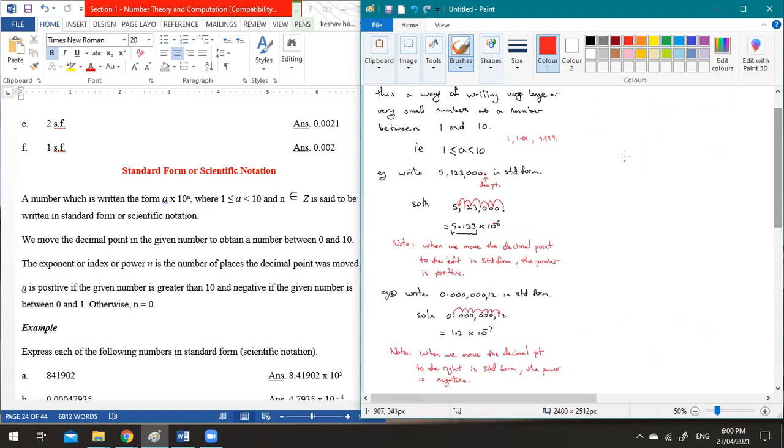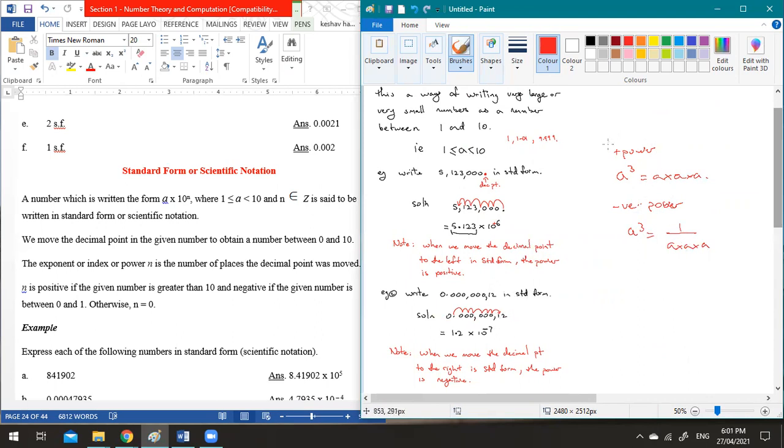The positive and negative powers come from laws of indices. A positive power is A by A by A. A negative power means that we're dividing by A by A by A. So this is the reason for this, right?